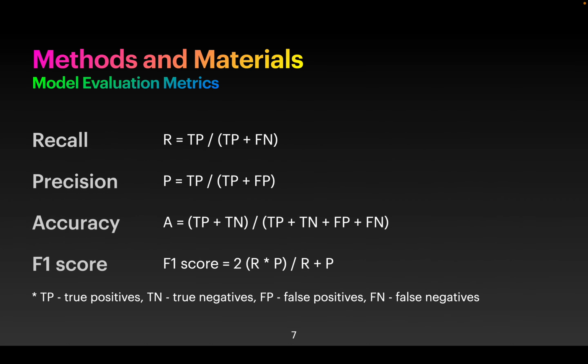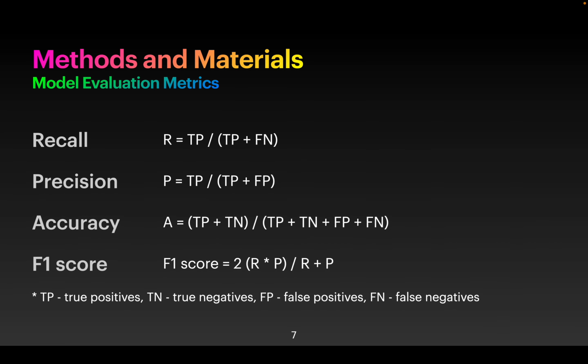Several evaluation metrics, including accuracy, precision, recall, and F1 score, were used to evaluate the effectiveness of the model. A high recall score indicates that the model effectively identifies positive examples and is defined as the ratio of the number of true positive examples to the total number of actual positive examples. A high precision index indicates that the model effectively determines only positive examples and is defined as the ratio of the number of true positives to the total number of predicted positives.